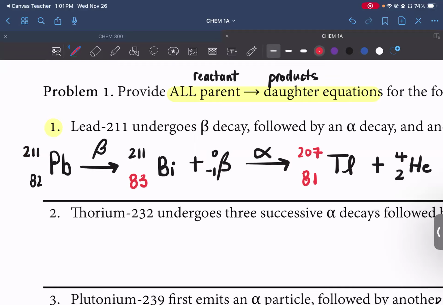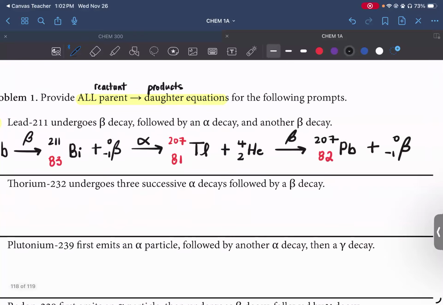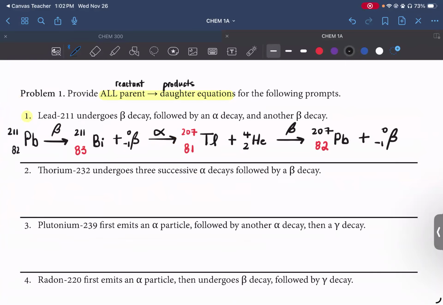You could have remembered that, or you could have checked the periodic table. Conclusion is still the same. Atomic number 82 is lead. And don't forget that beta particle. This right here is the complete parent-daughter equation that shows all of the decays and equations of that lead 211.